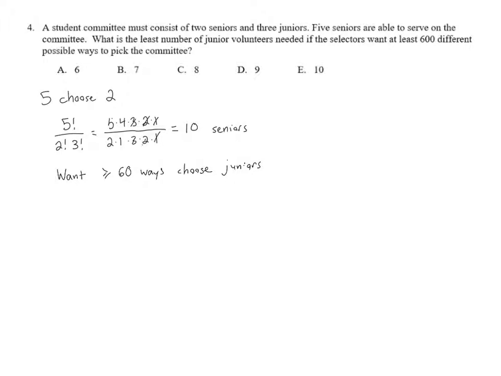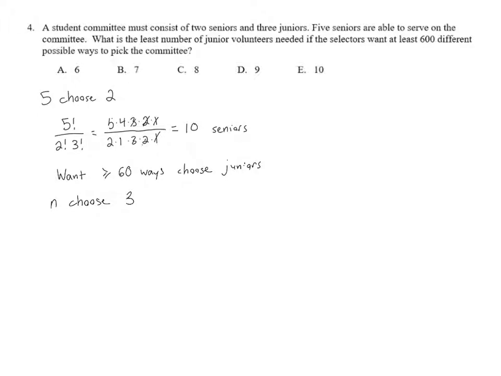If there's 10 different ways to pick the seniors, 10 different combinations, and each of those has 60 different combinations for the juniors, that's going to lead to over 600 different possible ways in total. So what we need to do is we need to look at n choose 3, and we need to figure out the value of n.